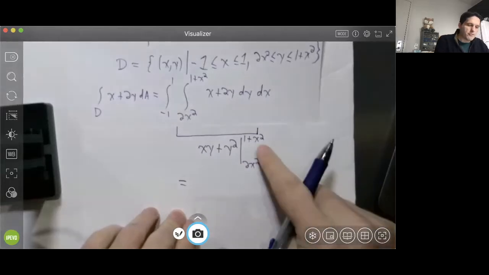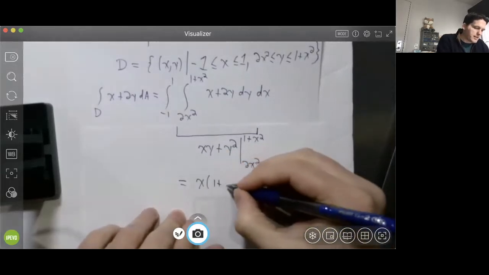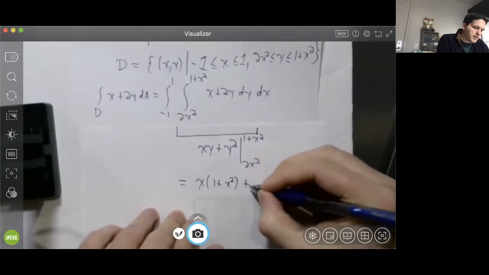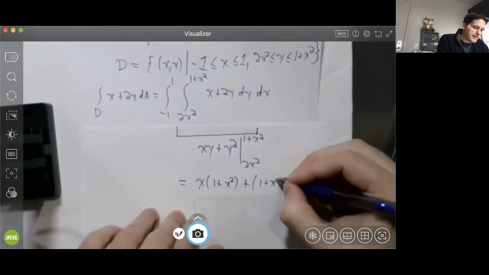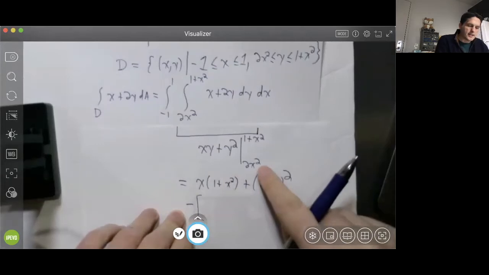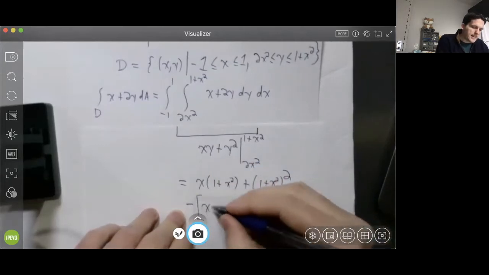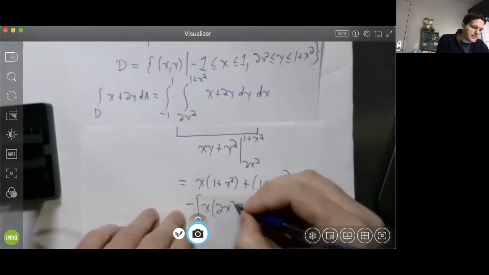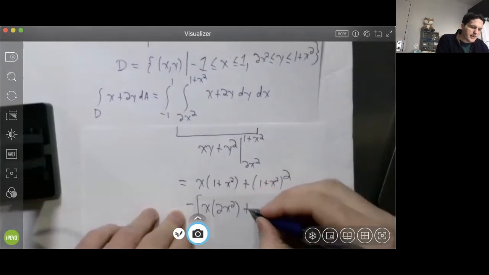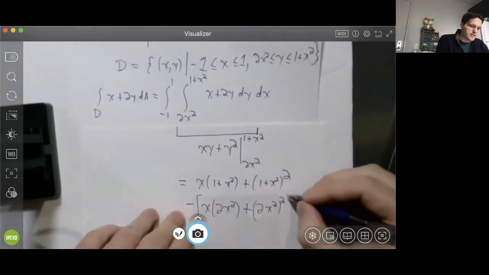And when we plug in 1 plus x squared for y, we get x times (1 plus x squared) plus (1 plus x squared) squared. And when we plug in 2x squared for y, we get x times 2x squared plus (2x squared) squared.